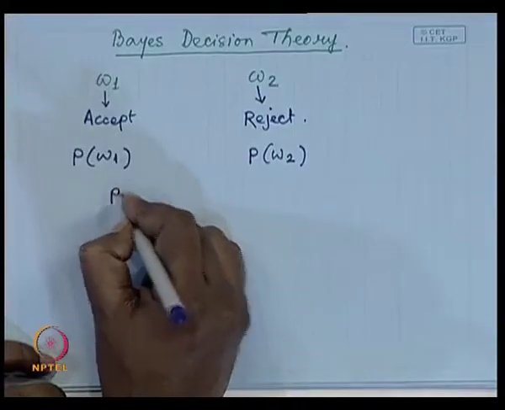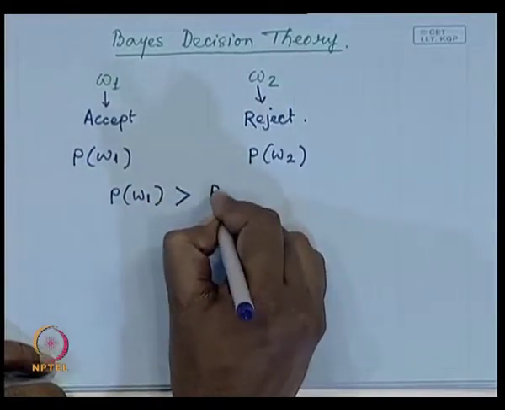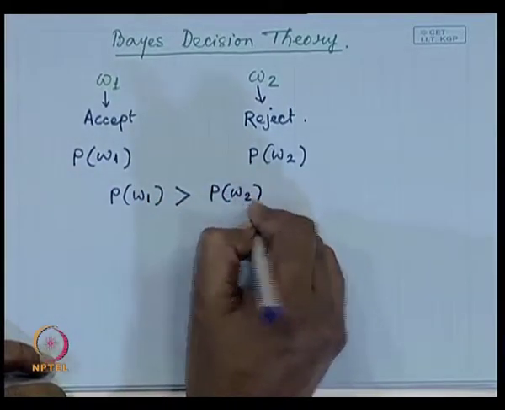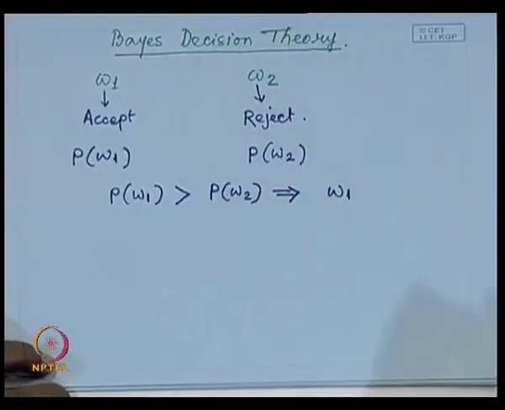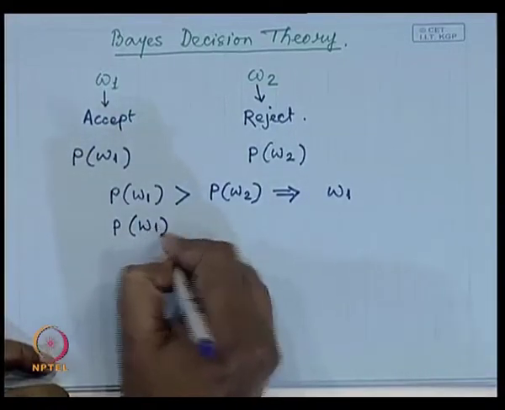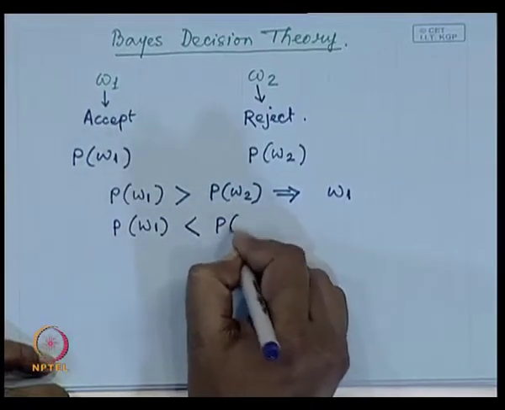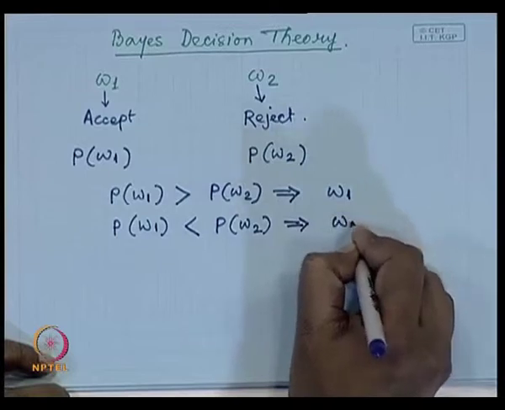If probability of omega 1 is greater than probability of omega 2, then you decide in favor of omega 1. Or if probability of omega 1 is less than probability of omega 2, then you decide in favor of class omega 2.